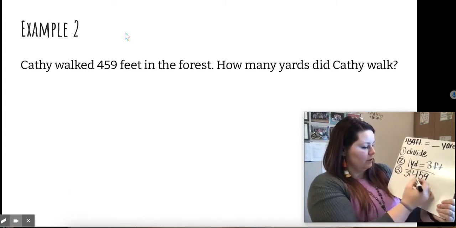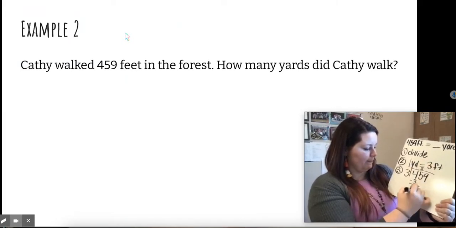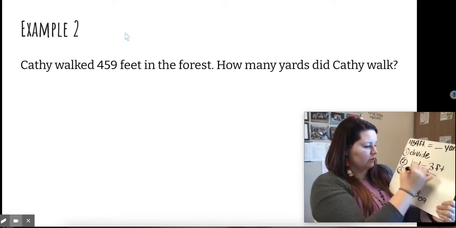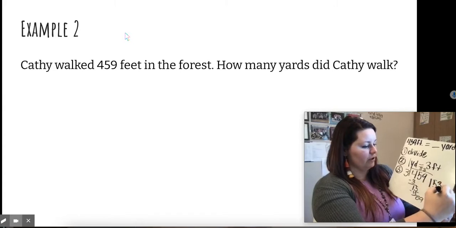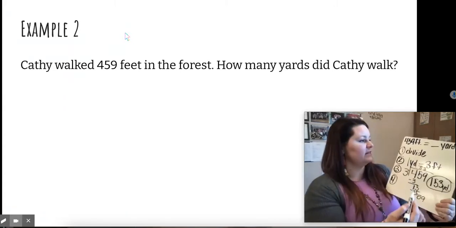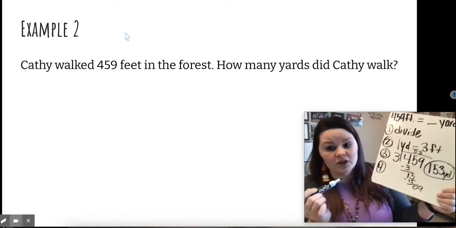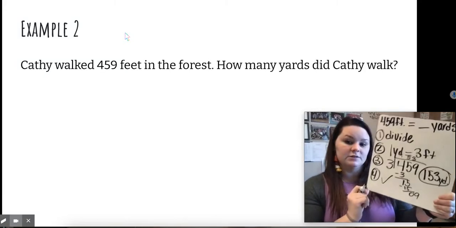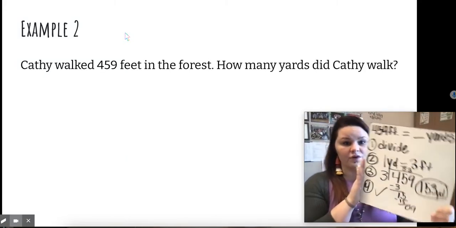And there we get our answer of 153 yards. Then we ask ourselves, does it make sense? Does it make sense that there is going to be significantly less yards than feet if they're equivalent? It does make sense because yards are larger than feet. So that is how you solve that problem.